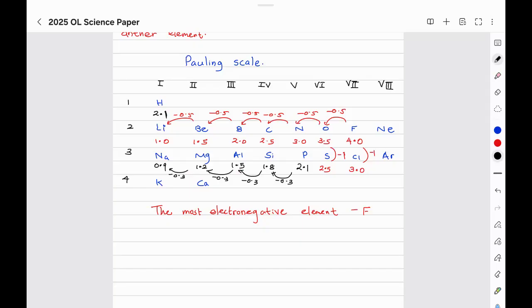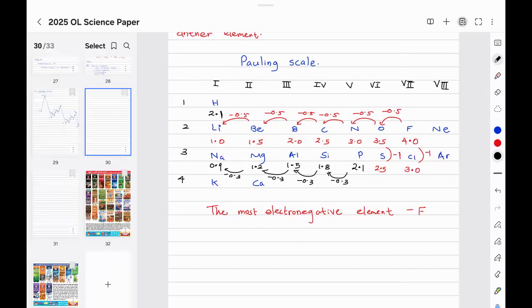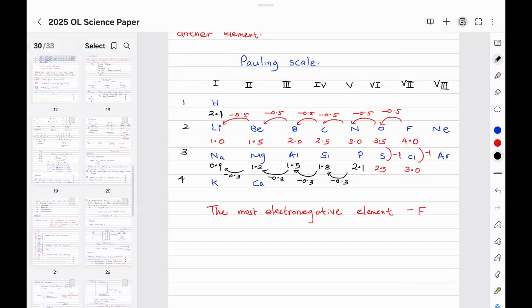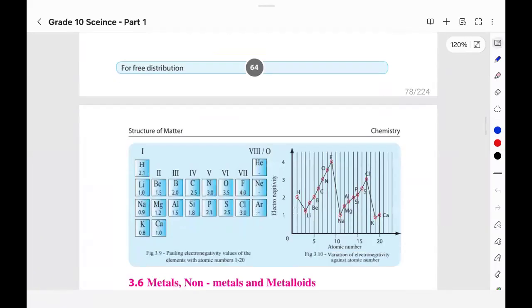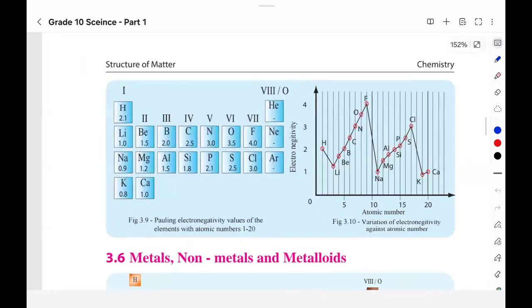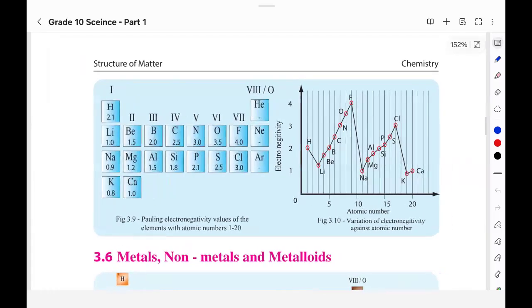In your textbook, are these the values they have given? Let's see. 3.0, 2.5, 2.1, 1.8, 1.5, 1.2, 0.9. The values decrease by 0.3 from phosphorus to sodium. Done?